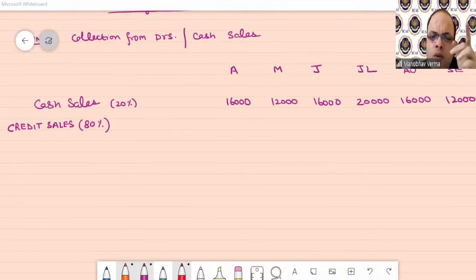We are saying that 75% of the credit sales are collected in 1 month and the balance in the second month. So in the April month, we are receiving for March and February. So let's note down the February and March numbers here in terms of credit sales.